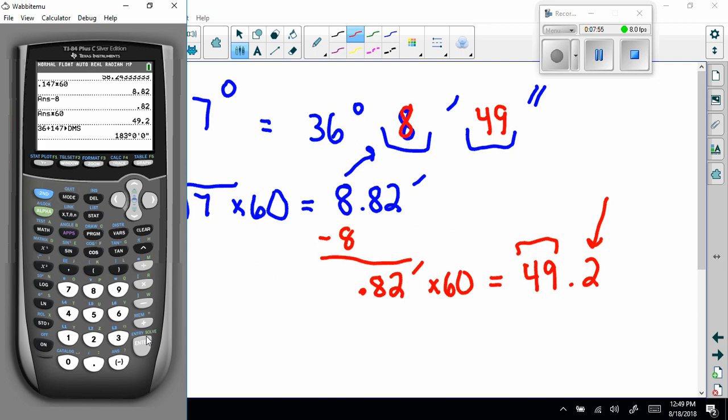Second angle, convert to DMS. And you can see I get exactly the same thing, only when you're working in MML, you're going to have to put 49. Don't put 49.2. MML will care.